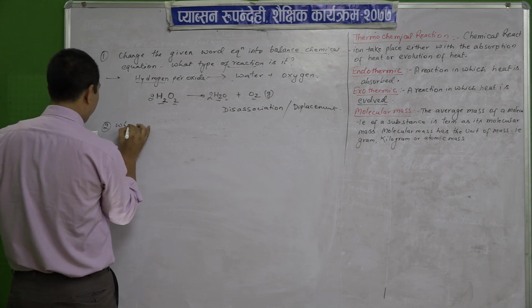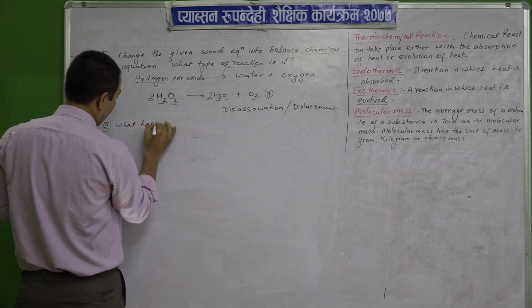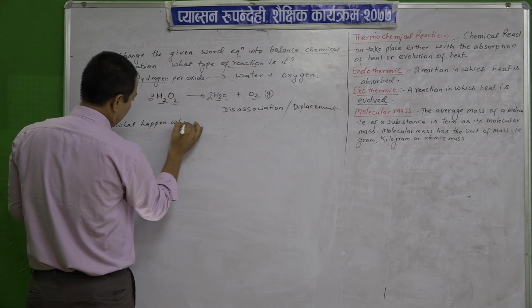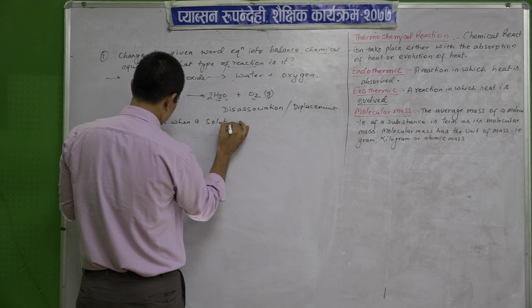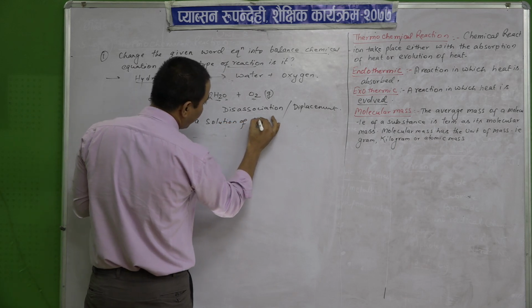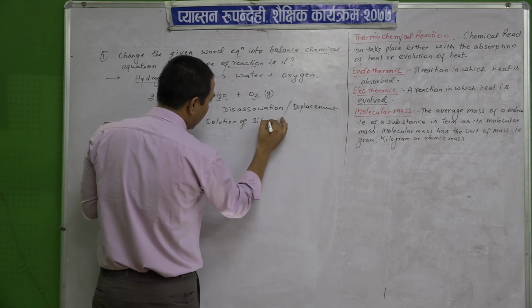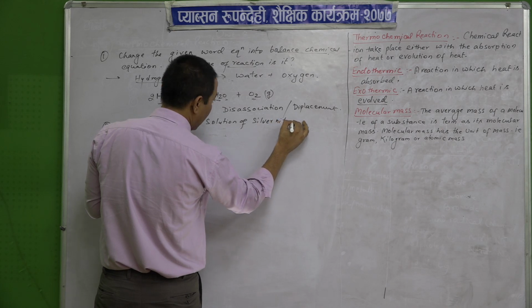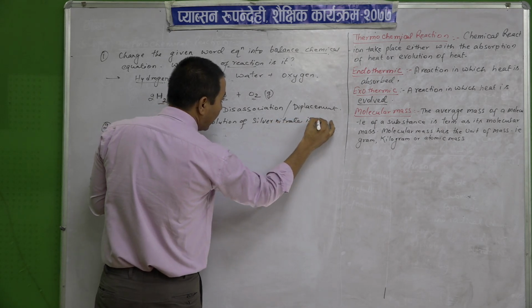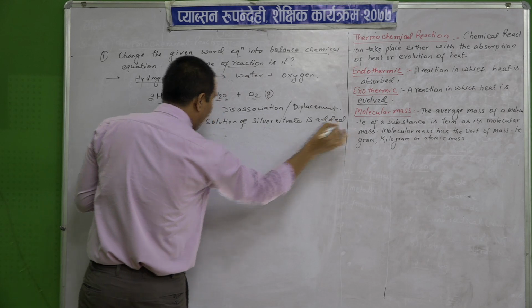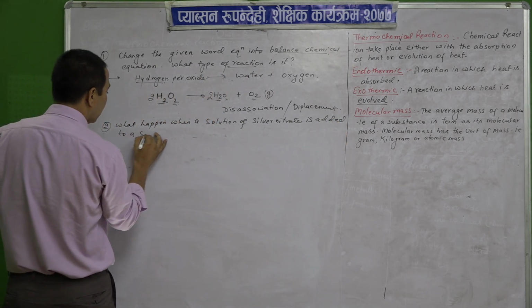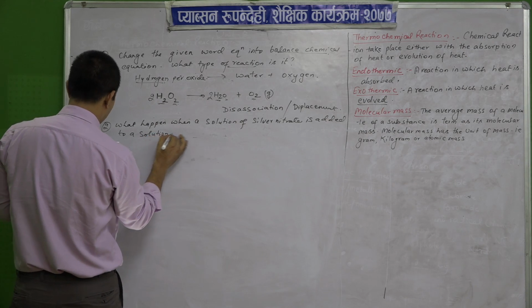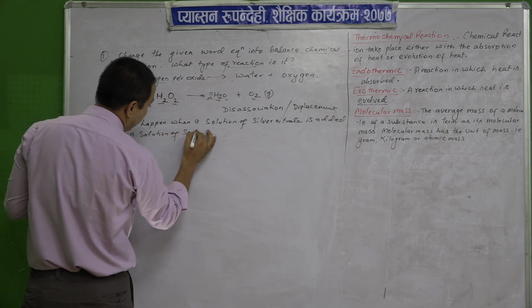What happens when a solution of silver nitrate is added to a solution of sodium chloride?